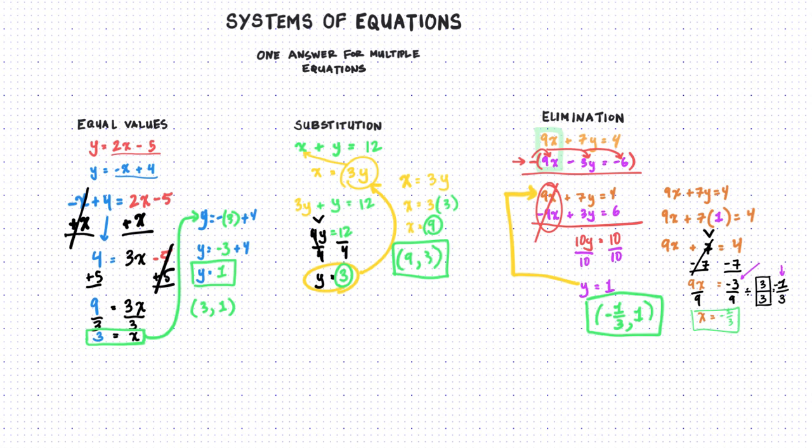Substitution, on the other hand, says if I have at least one equation that's solved for a variable, so I can have an x equals or a y equals, I can use substitution to evaluate that second equation back into the first. And the elimination method is used when we have two equations in standard form, and we need to find a way to create a zero pair with either our x values, y values, or whatever variables we end up having.